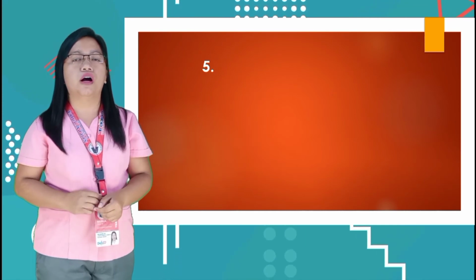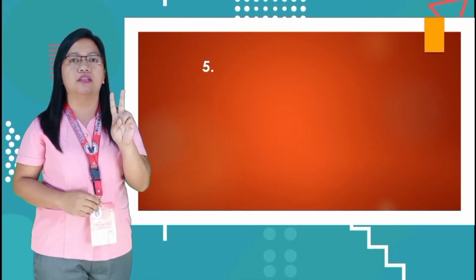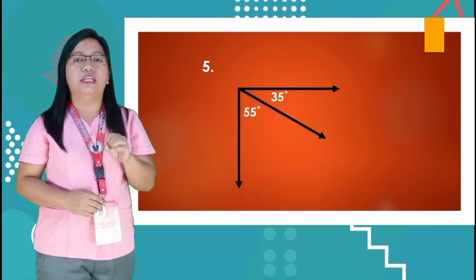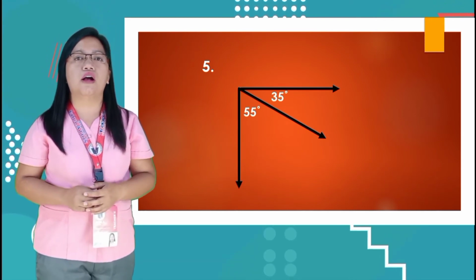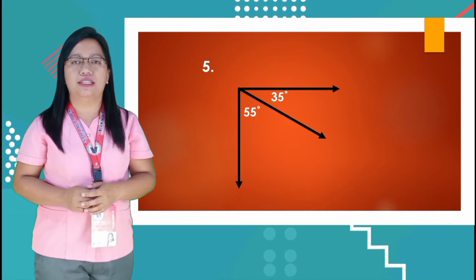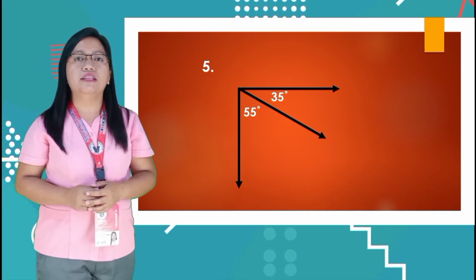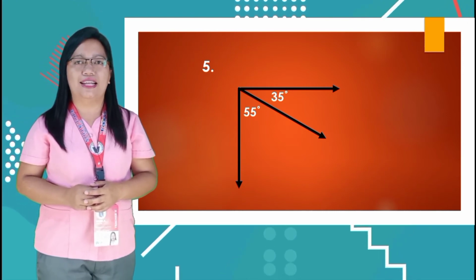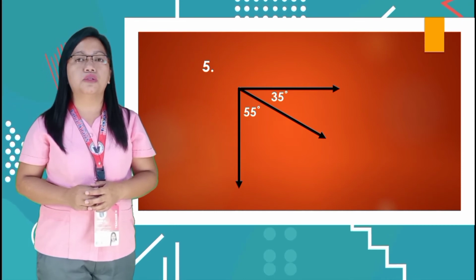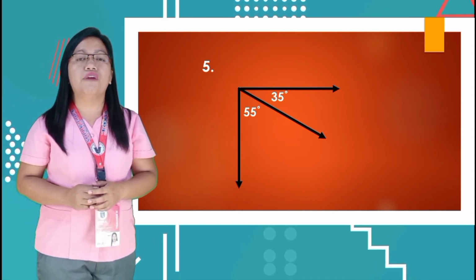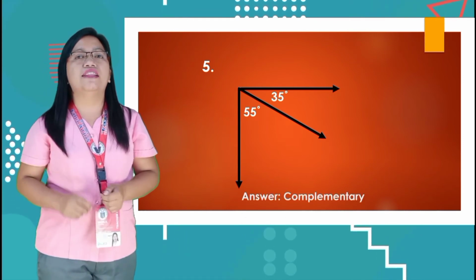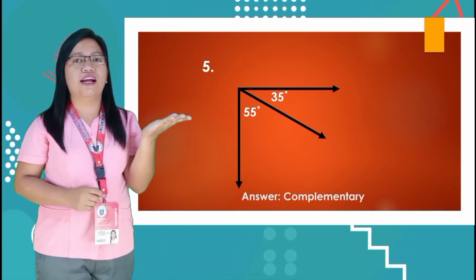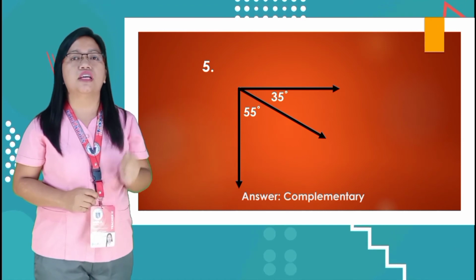Given the measure of two angles, 35 degrees and 55 degrees. What did you notice? What is the sum of two angles? So, what pair of angle is it? Very, very good! That is complementary angles.